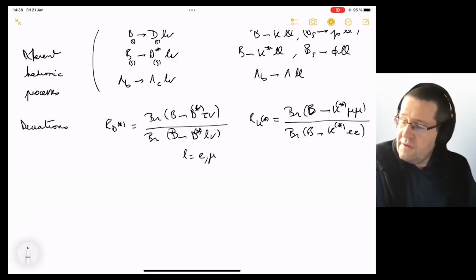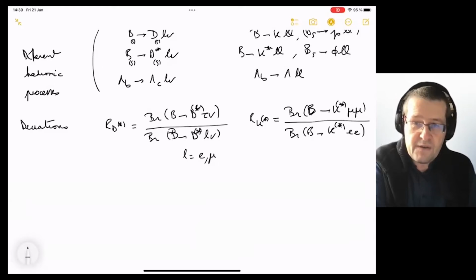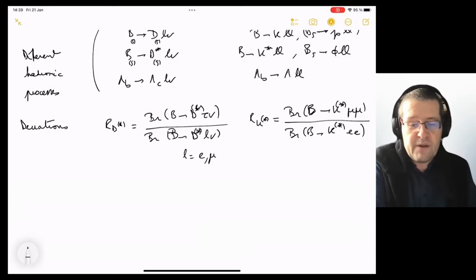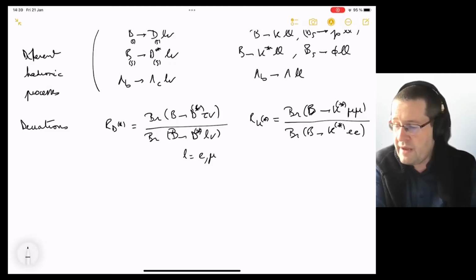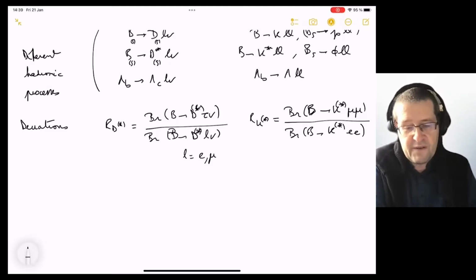For the K star, here we're comparing electrons and muons. We don't have information for the taus. It's first of all because it's very challenging, and also because the rates are not at all the same. So that means that we're limited for the moment in probing the third family of leptons for this.